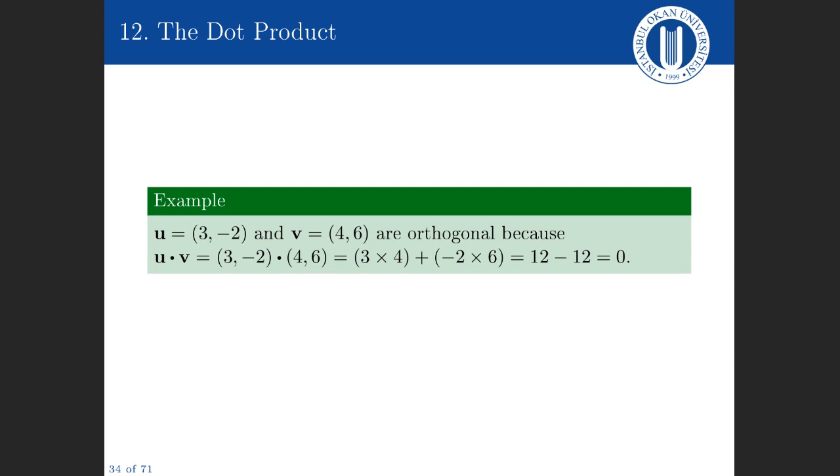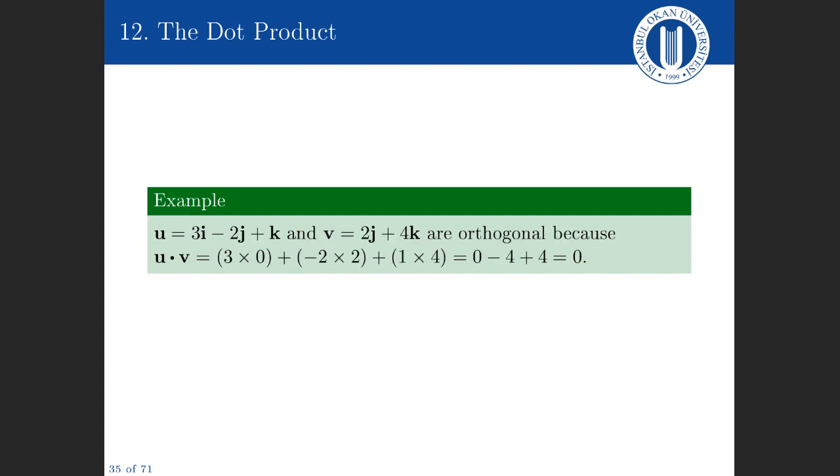For example, the vectors 3, -2 and 4, 6 are orthogonal because their dot product is equal to 0. Neither of these vectors is the 0 vector, so straight away we know the angle between these two vectors must be 90 degrees. Another example, 3i - 2j plus k and 2j plus 4k are orthogonal because their dot product is equal to 0.